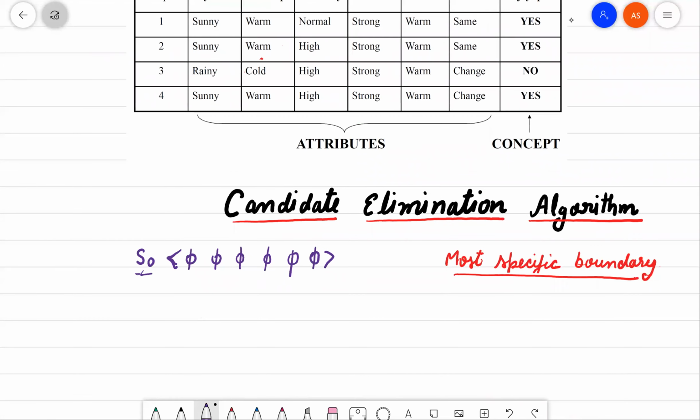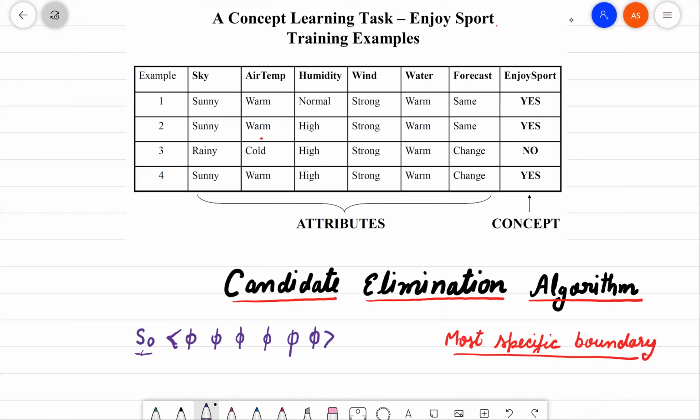We are taking the same example table as in the FindS algorithm. In this table, the concept yes denotes the positive examples, yes or one or positive, and no represents the negative example.